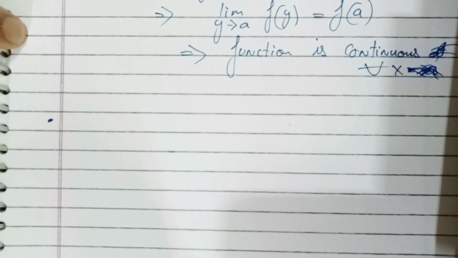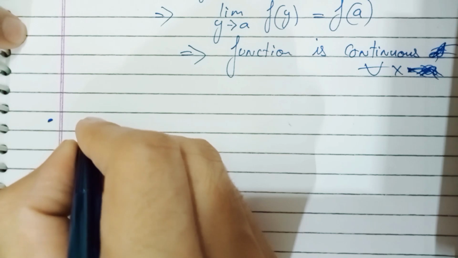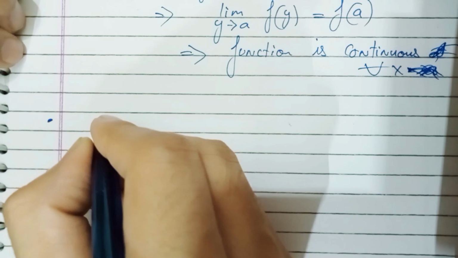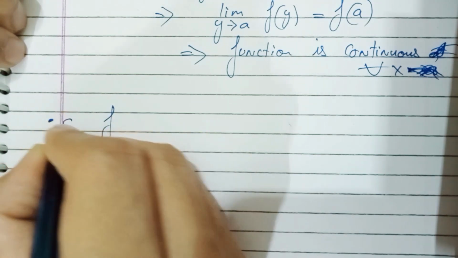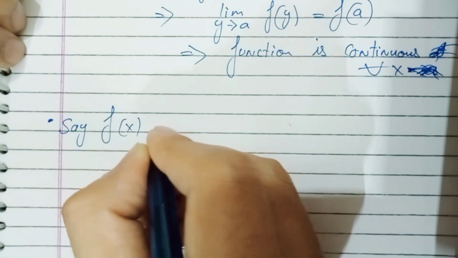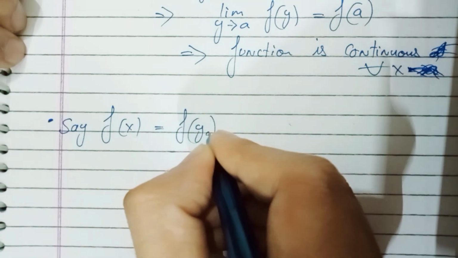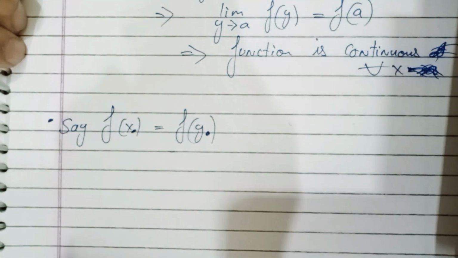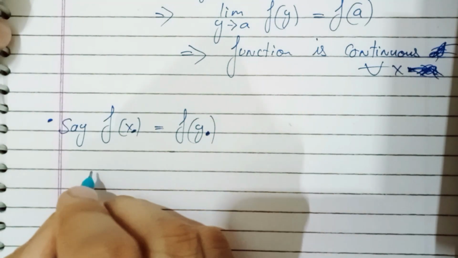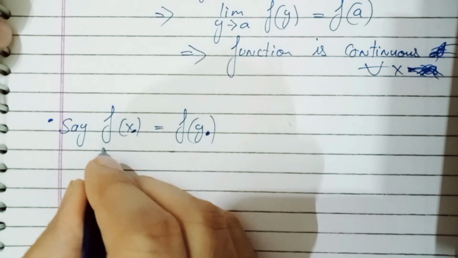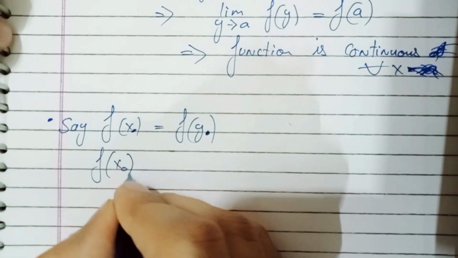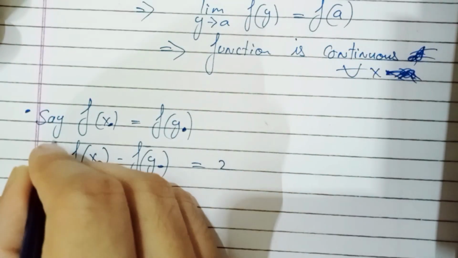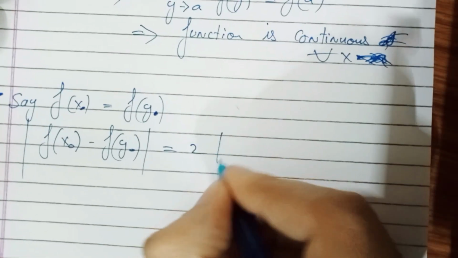To show monotonicity, say f(x) equals f(y) for some fixed x naught, y naught, and then from the condition I would have that f(x naught) minus f(y naught) is equal to 2 times x naught minus y naught.